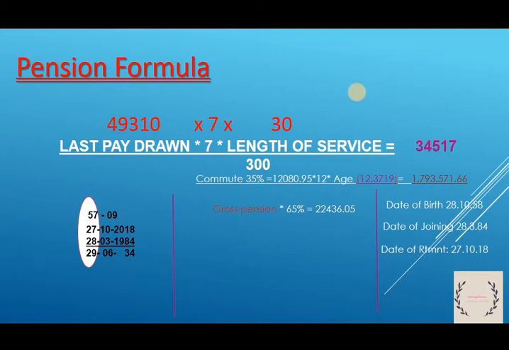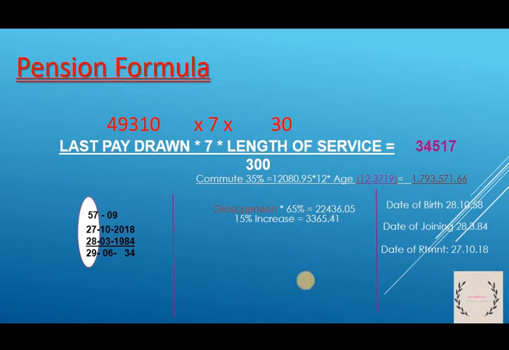So by drawing 65% net pension, we got 22,436.05 as net pension. And now what we are going to draw 15% increase with the help of net pension, which is 3,365.41.